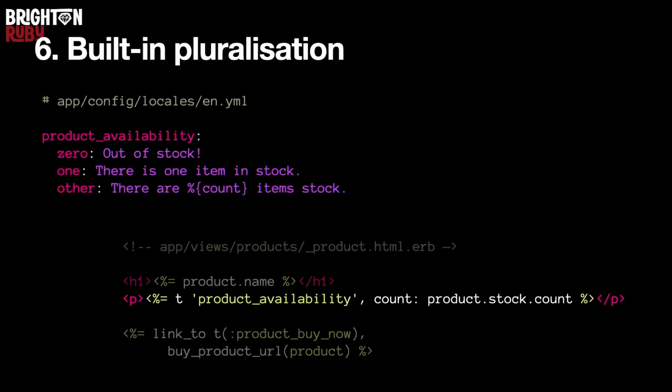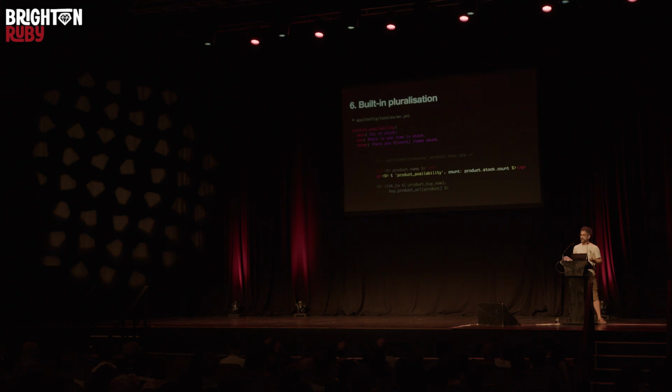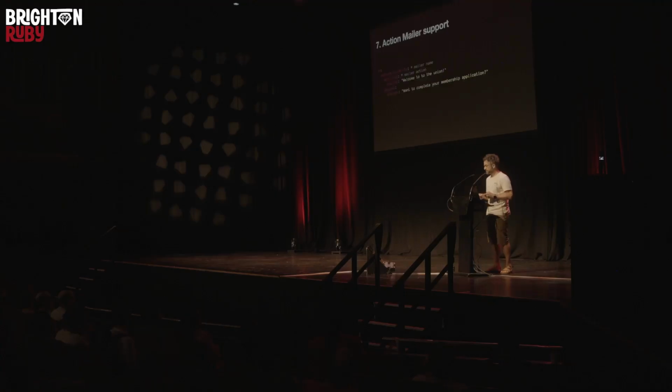So for example, say we want to output the string telling us the stock status of a product. Instead of a bunch of conditional logic in our view or in a helper method, we can lean on this behavior, pass in the count, and I18N is automatically going to select the right status for us.